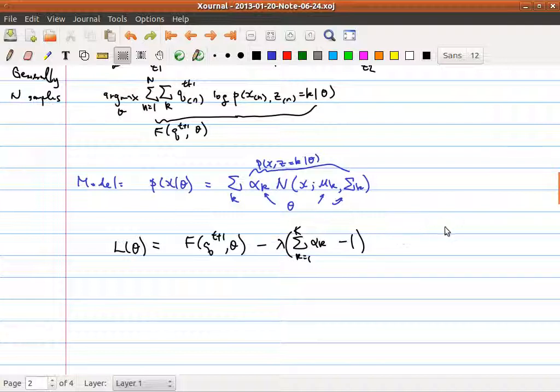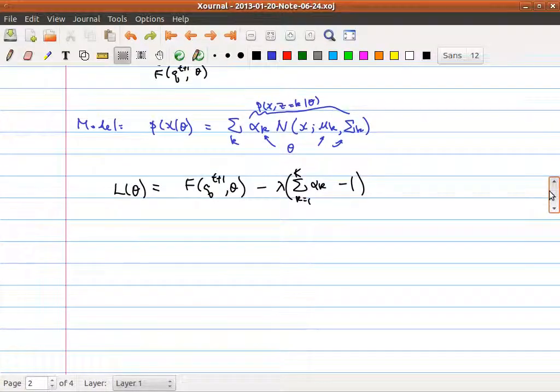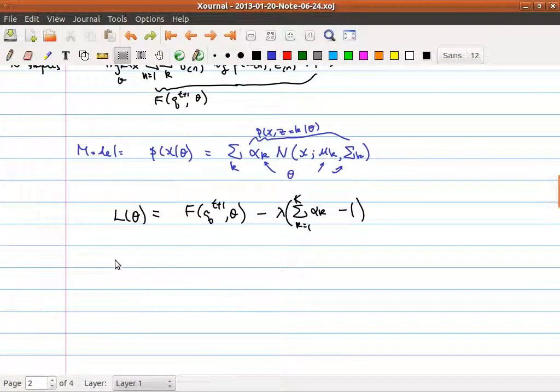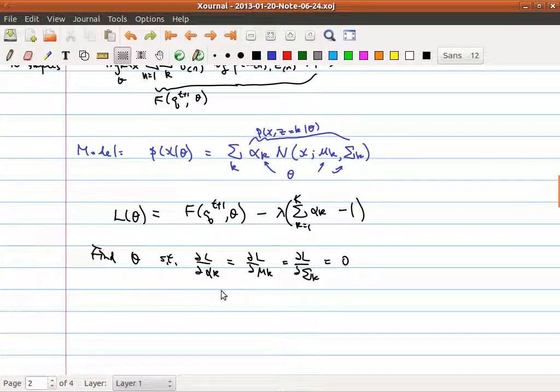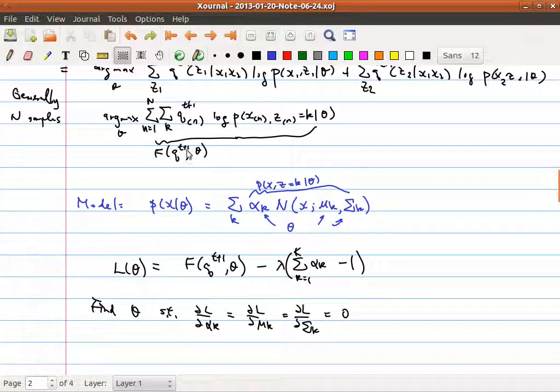Therefore I don't add other Lagrange multipliers. For example, sigma k is supposed to be positive definite, but we can ignore the constraint for the moment, and it doesn't affect the result. But this one we have to add, otherwise the result won't be correct. So anyway, then basically we can find the maximum of this objective function.